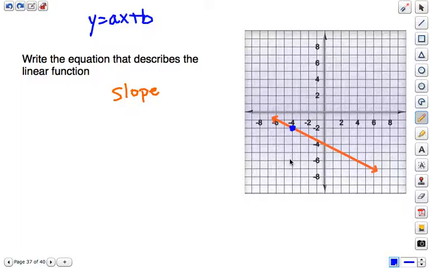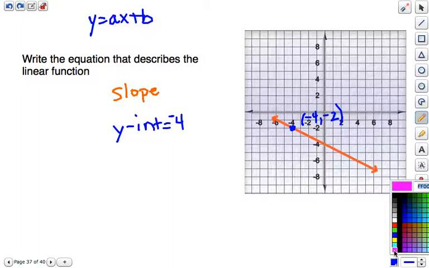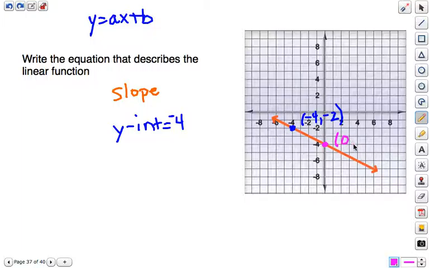So let's go ahead and select this one. This one is (-4, -2). And the y-intercept, that's -4. Okay, so our y-intercept is -4. And let's just go ahead and select that as our second point. So we have (0, -4).